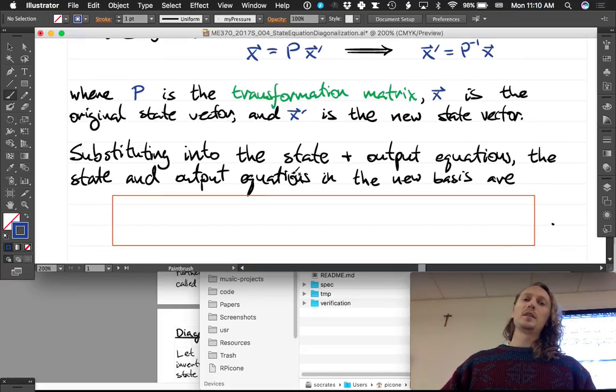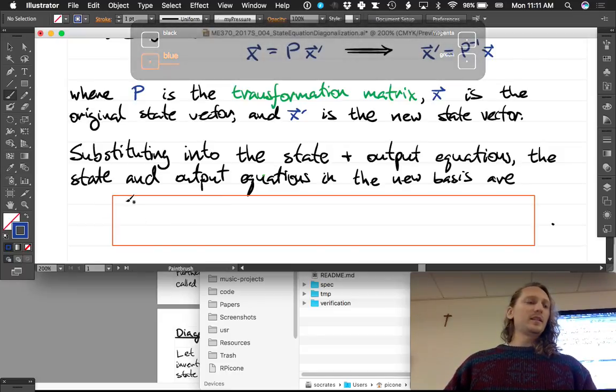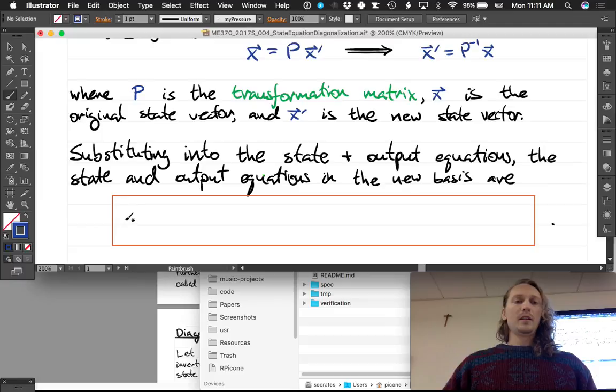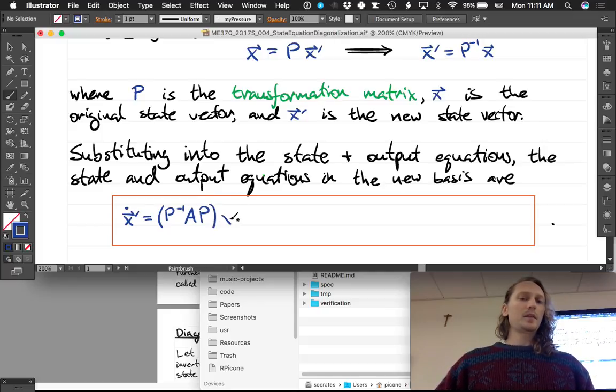So we're going to substitute this into the state and output equations. In the new basis, it's very easy to show. Now it's x prime dot, because this is the new state vector in the new basis, times our new A matrix is going to be P inverse A, the original A matrix, P times x prime.